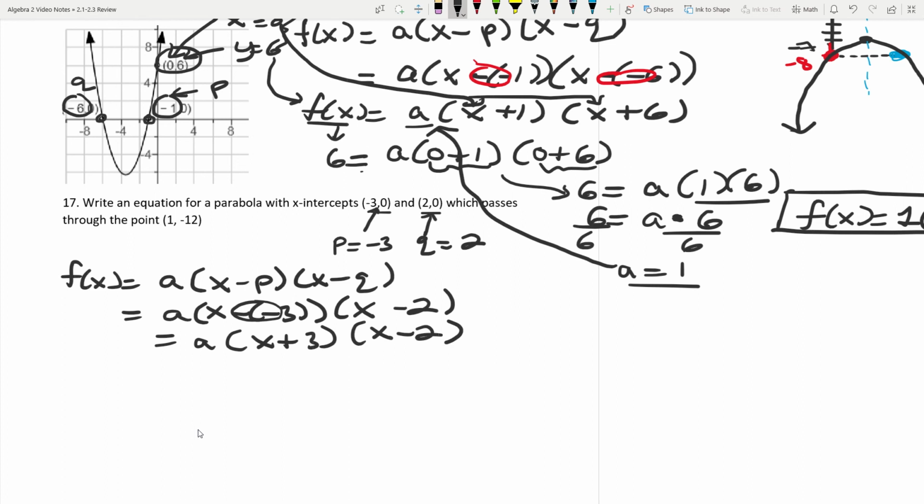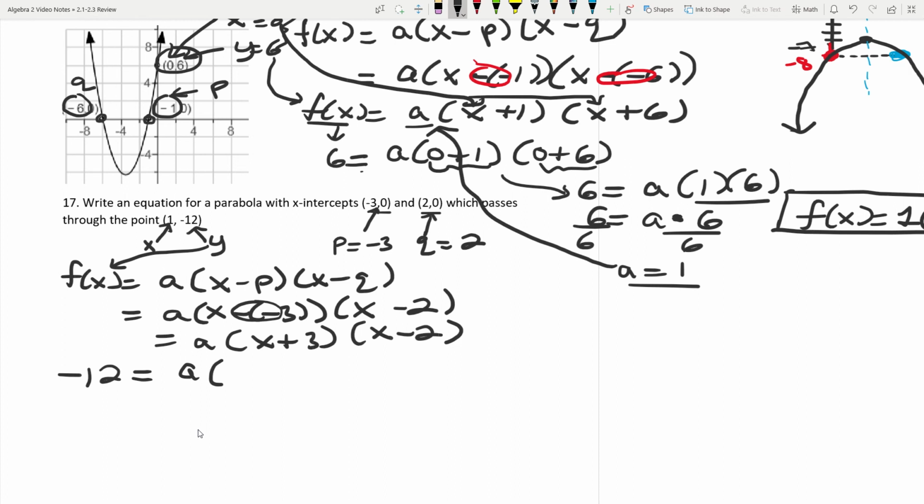All right, how do we find a? We're going to use this point. So in this case, this is x, so x is equal to 1, and this is y, okay? So y is the same thing as f of x, right? So we're going to plug this into f of x. So f of x is -12.